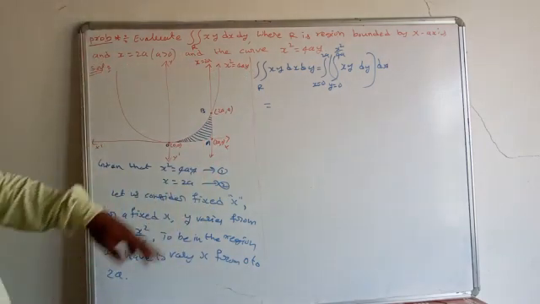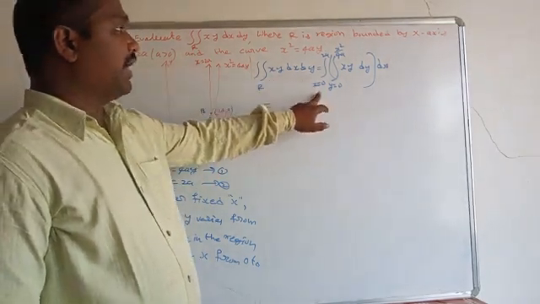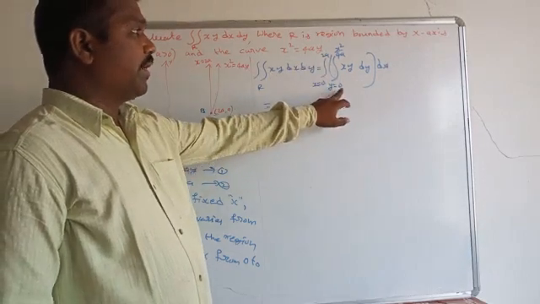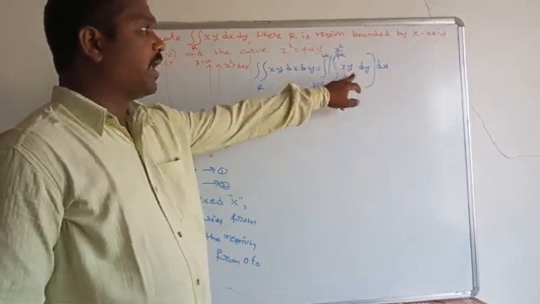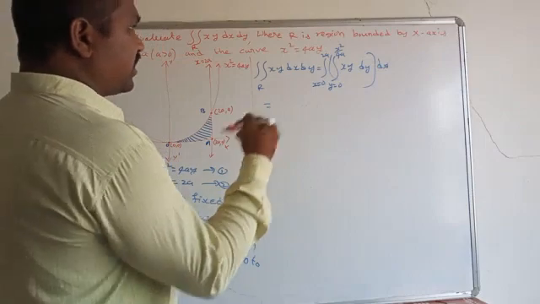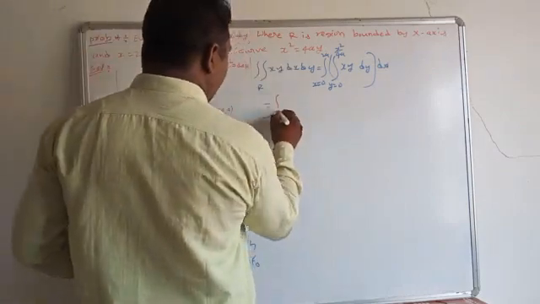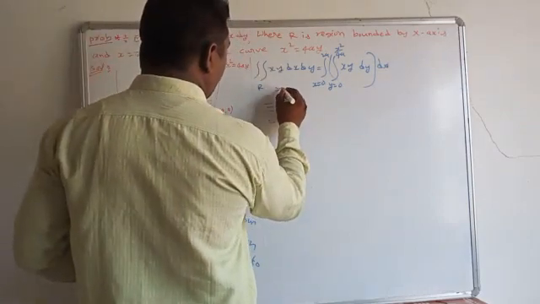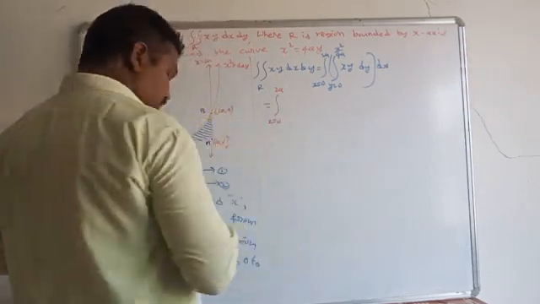So double integral over xy dx dy, x varies from 0 to 2a, y varies from 0 to x square by 4a, xy dy dx. First with respect to y integrate చేస్తాం, and x varies from 0 to 2a.